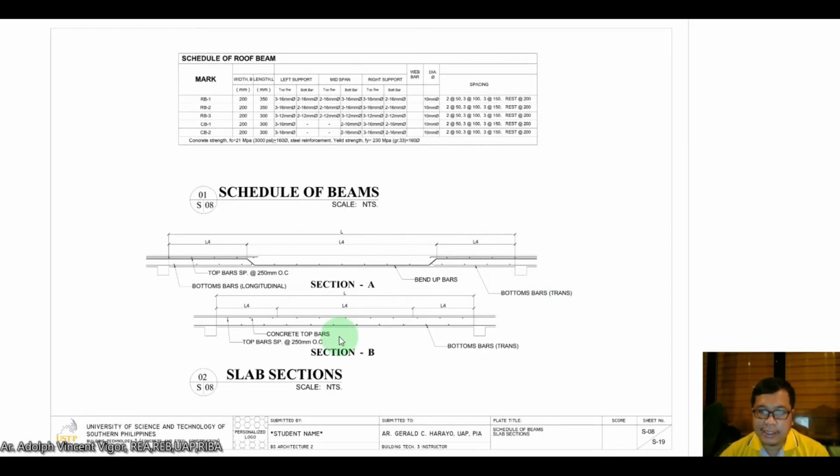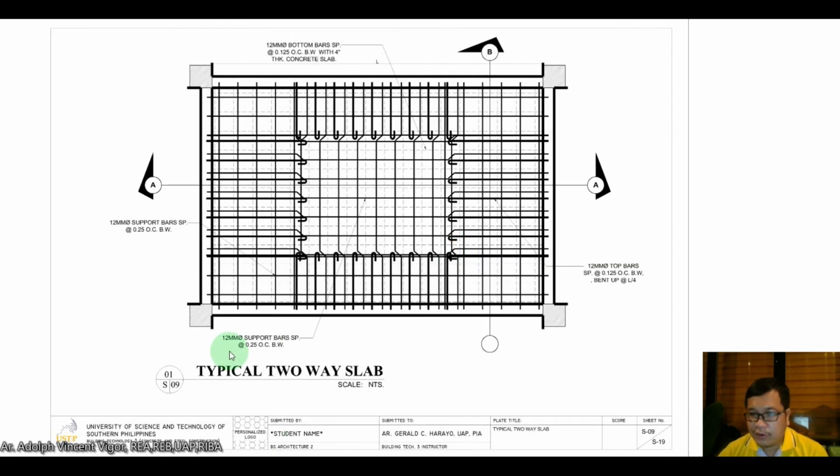By the way, class, like what I've said, the design for your slab, if it's going to be two-way or one-way, is going to be discussed in your theory of structures as well, because this is part of the computations that you must do. For our Building Tech 3 lecture, we'll just tackle the basic drawings, since Building Tech is mostly on laboratory works.